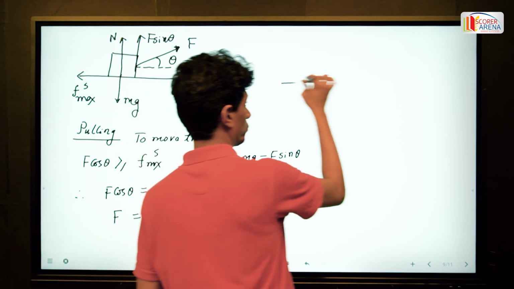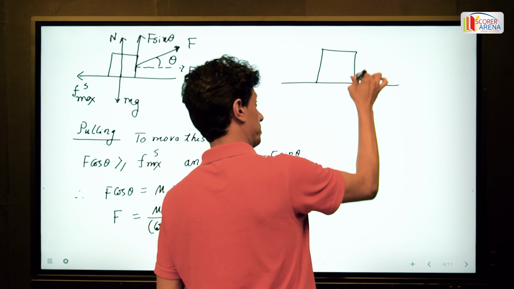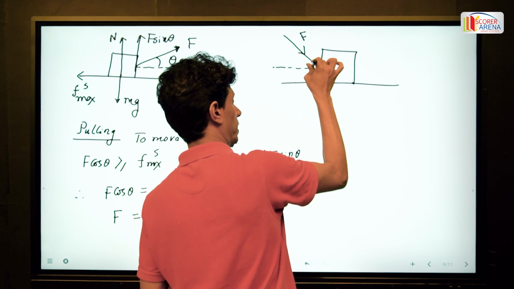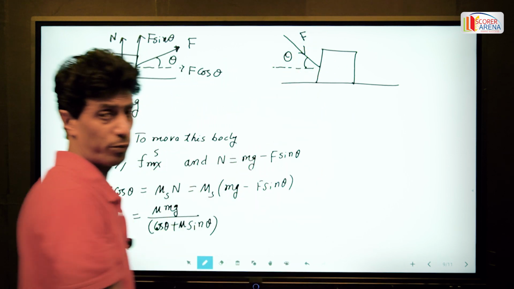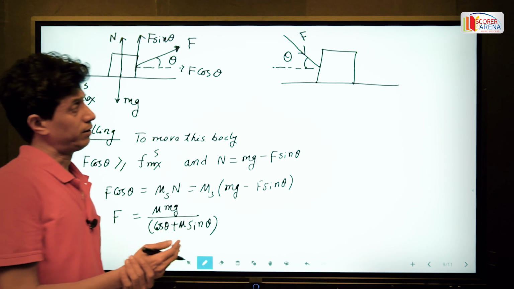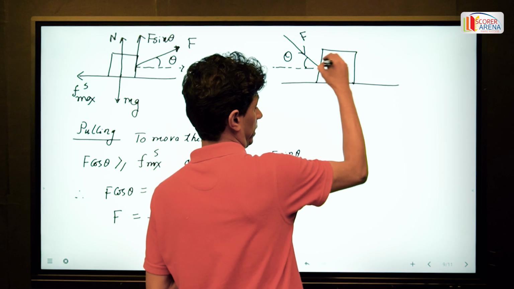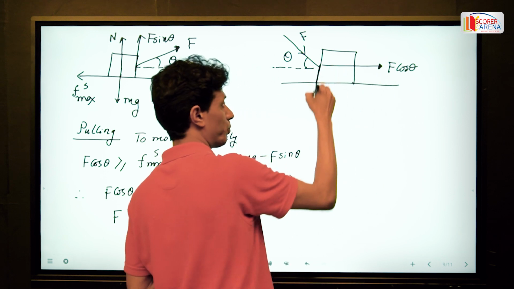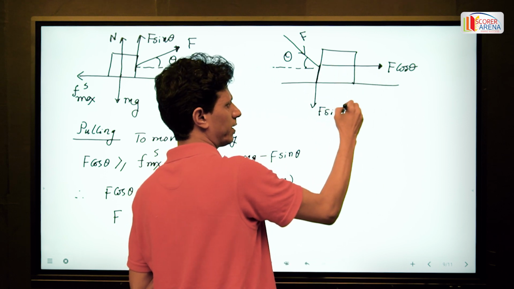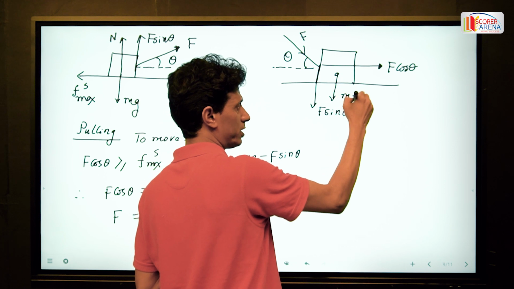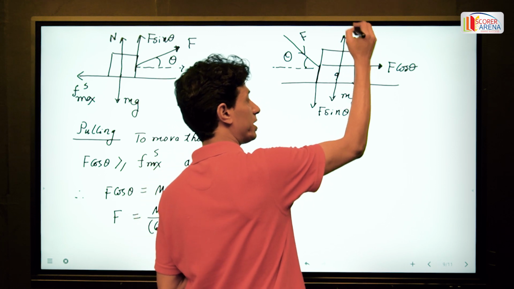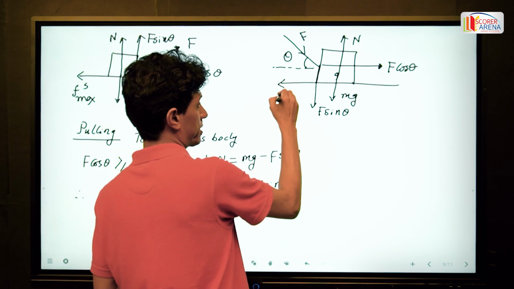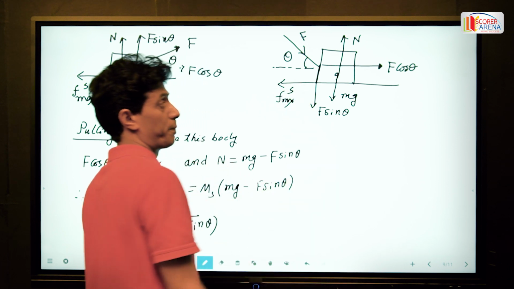Similarly, in the case of pushing, the force acts at an angle theta with the horizontal. Here F also has two components, F cos theta and F sin theta, and the gravitational pull mg, normal reaction upward, and friction against the direction of motion.